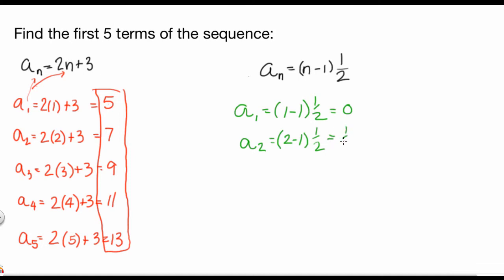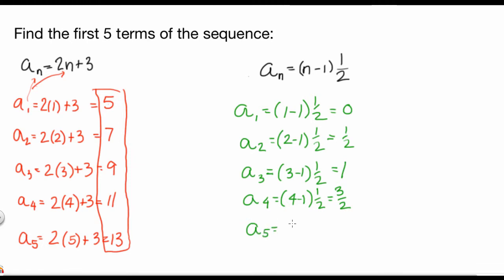And that just means 1/2. A3. Okay, that's 2/2, which is just 1. A4 is 3/2. And finally, A5.